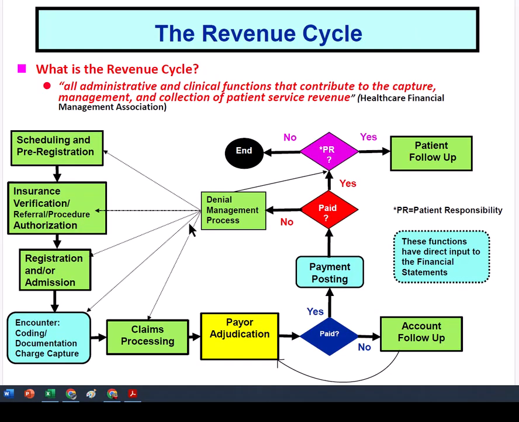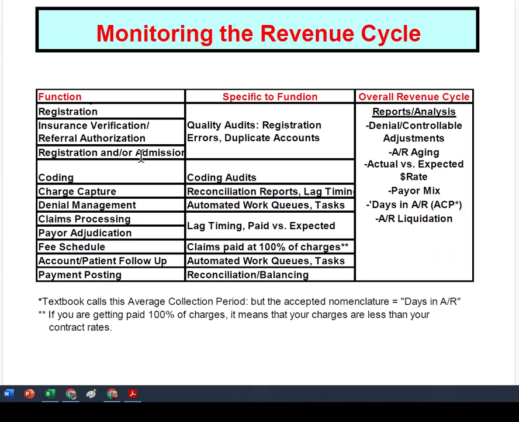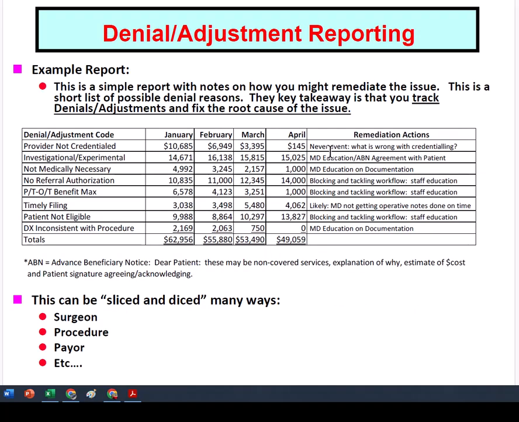So, just to review quick, we've got our revenue cycle, you've got lecture notes on that, we've got reports to monitor the revenue cycle. Most important one, in my opinion, is denial authorization. Right here, it's like the blood test.